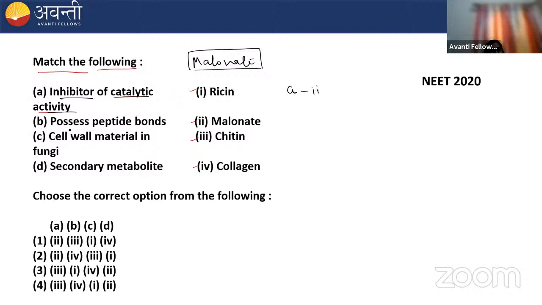B, possesses peptide bond. I told you collagen is a protein. Remember, collagen is the abundant protein in animals and rubisco is the abundant protein in the biosphere. So collagen is a protein, and a protein will have peptide bonds. So B is fourth. Cell wall material in fungi: chitin. The cell wall of fungi is made up of chitin. Remember this.